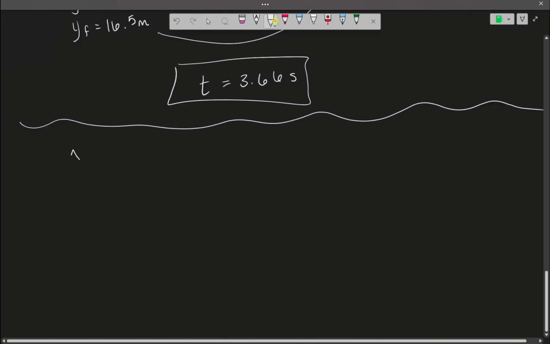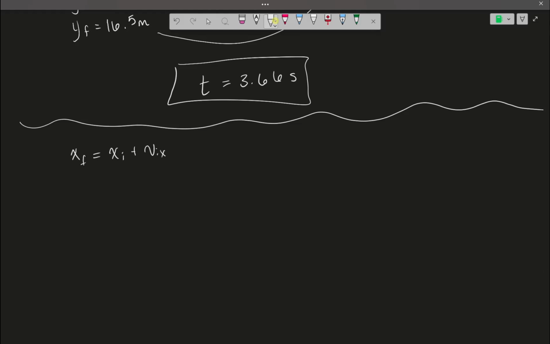So x final is equal to x initial plus my initial velocity in the x direction times time plus 1/2 acceleration in the x direction times time squared. Because my acceleration in the x direction is 0, that last term goes away. I also know that my initial position in the x direction is going to be 0 because I set it to 0.